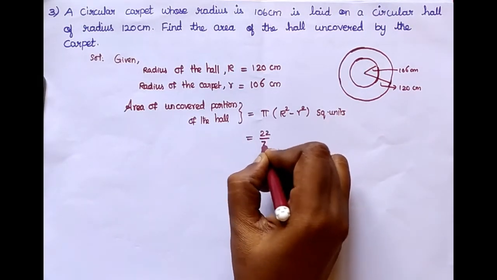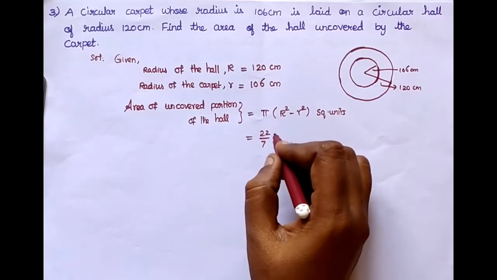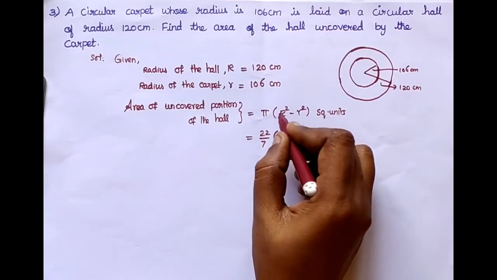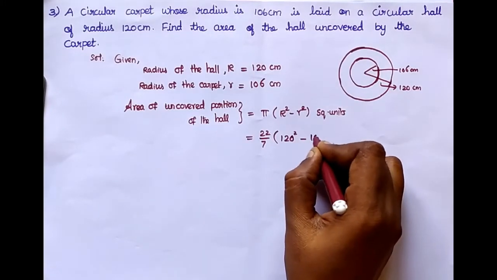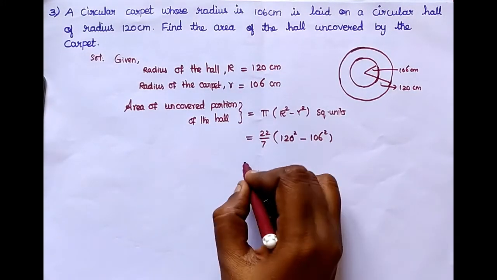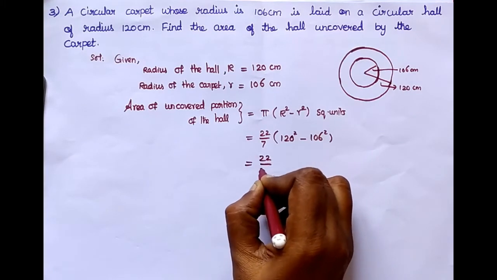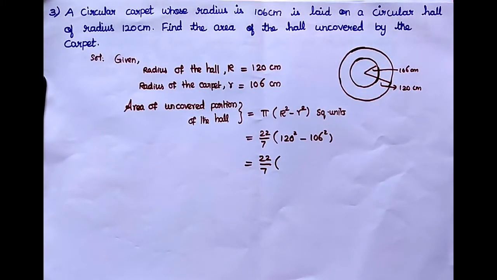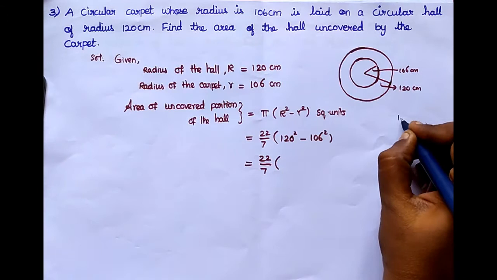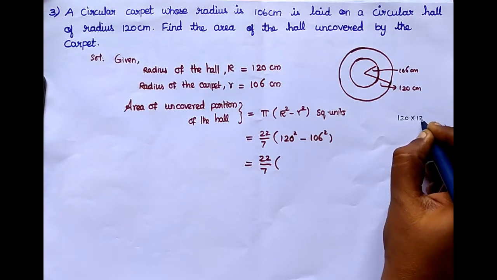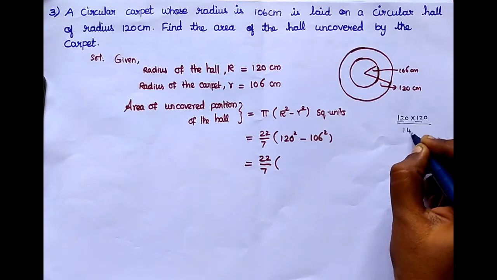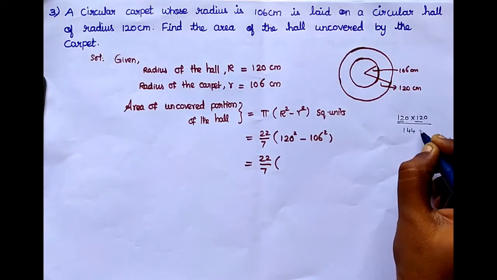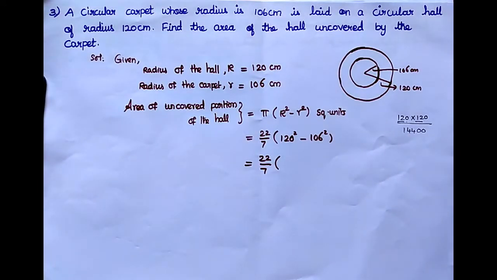22 by 7, value of pi is 22 by 7, R square minus r square, that is 120 squared minus 106 squared. So 22 by 7, 120 into 120. Listen, we know that 12 12s are 144. Here 1 zero, here 1 zero. So put 2 zeros.